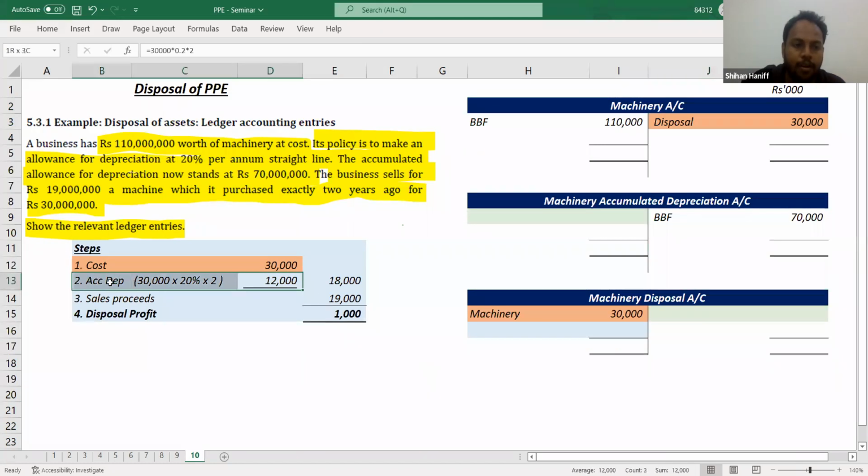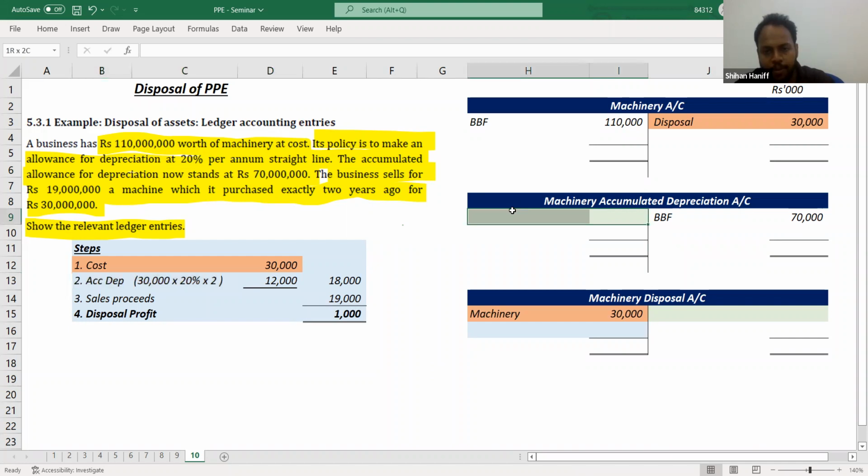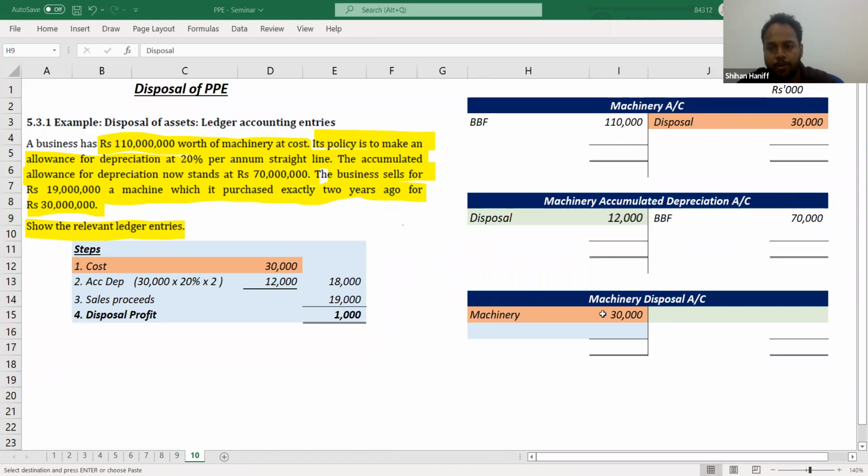Second one, accumulated depreciation 12,000. The double entry for accumulated depreciation is accumulated depreciation account debit, disposal account credit. So 12,000 we debit here and 12,000 credit disposal.